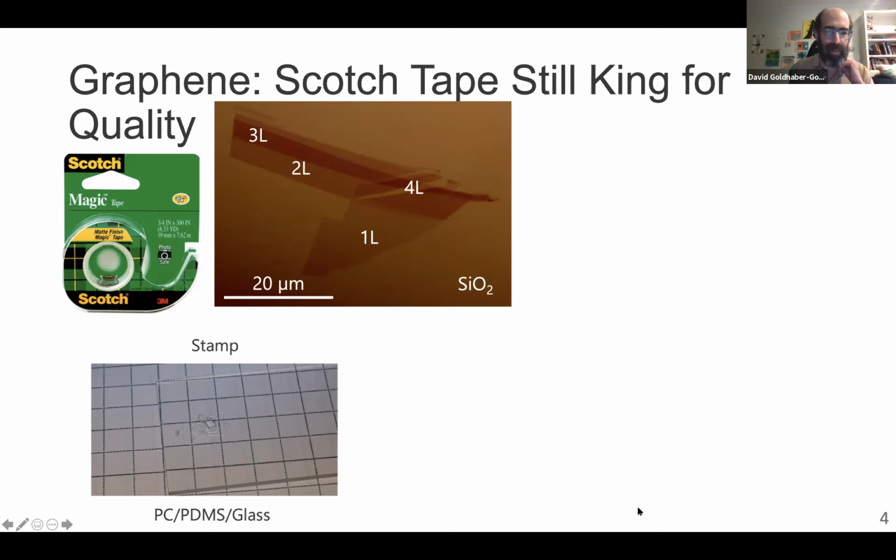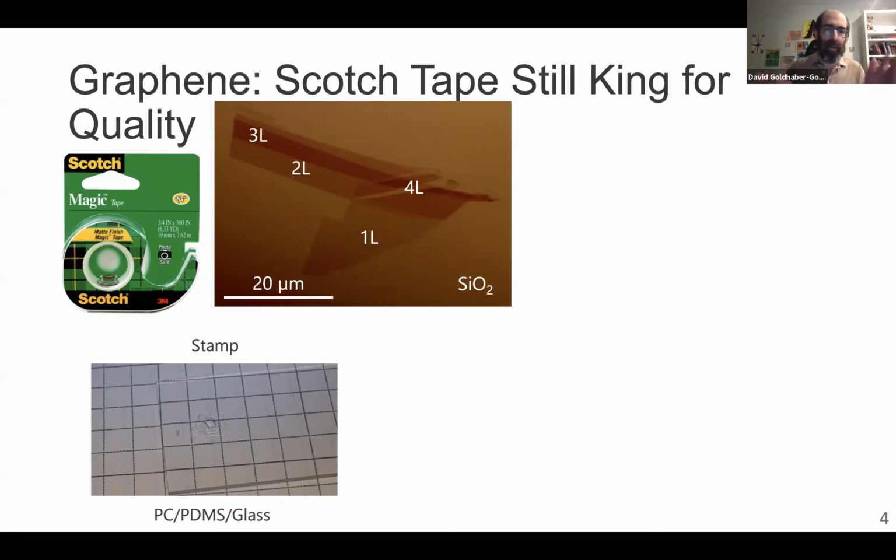It's done one at a time by students, and that involves taking the best single crystals you can find of some layered material, in this case graphite, and putting a simple piece of Scotch tape. This is Scotch magic tape. That's actually the version that Geim and Novoselov used originally, and it is still one of the best to use.